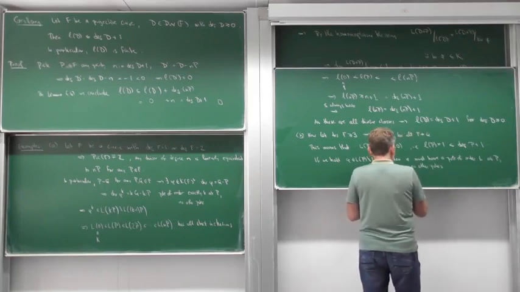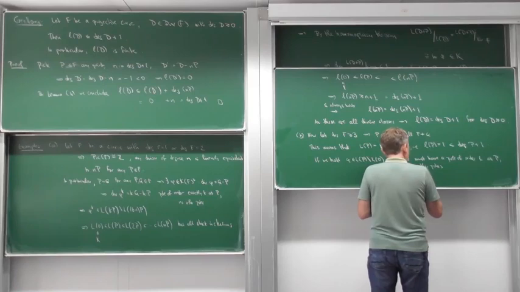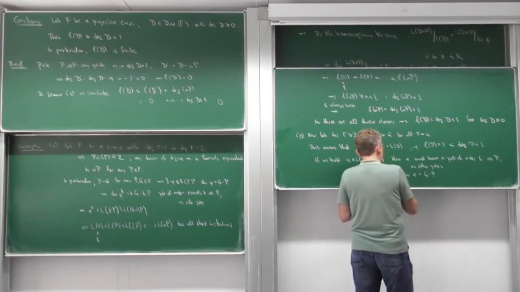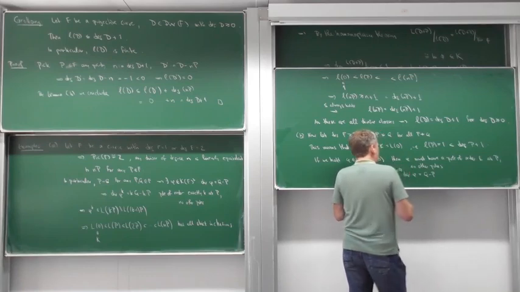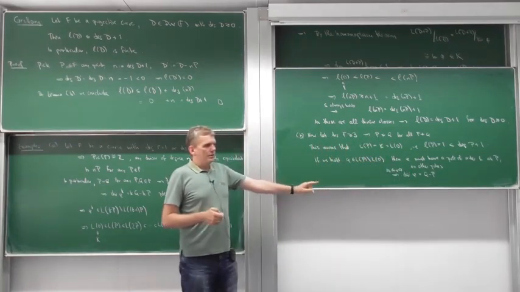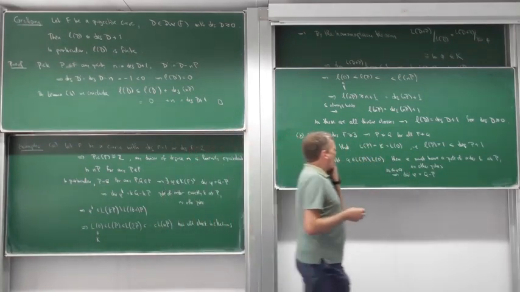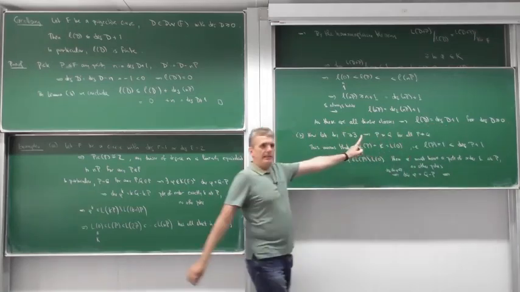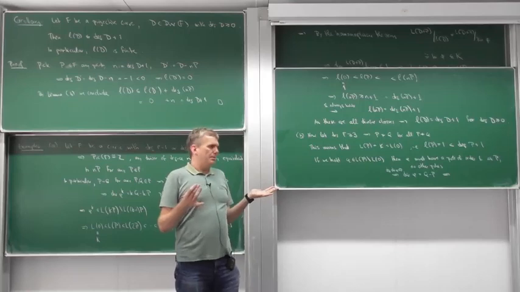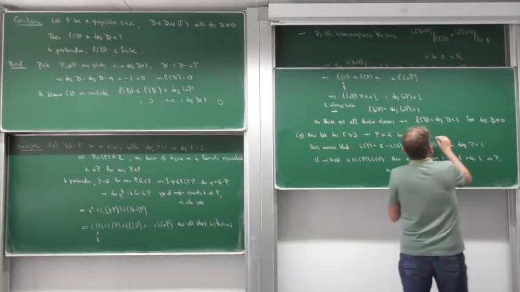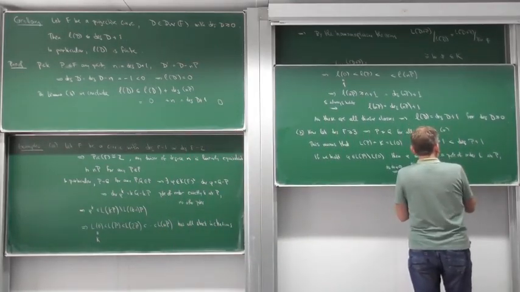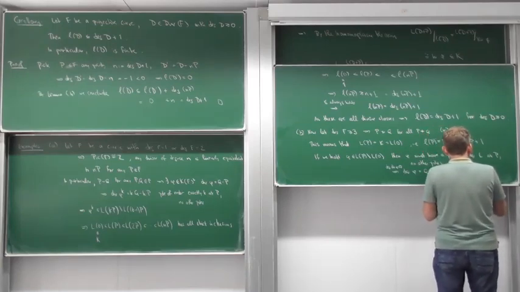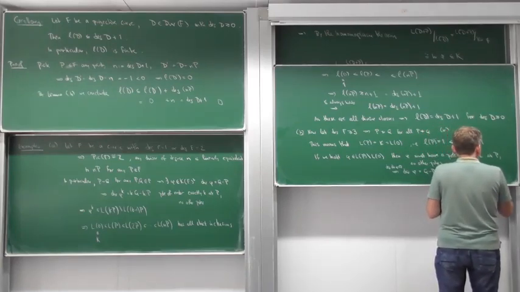And that means that the divisor of phi must be Q minus P, as the degree of the divisor is 0. So we only have one negative point, so we only have one positive point. But by the result up there, that means P is Q, and hence we don't have a pole. So this means, well, actually we do have P equal to Q, i.e. the phi doesn't have a pole.